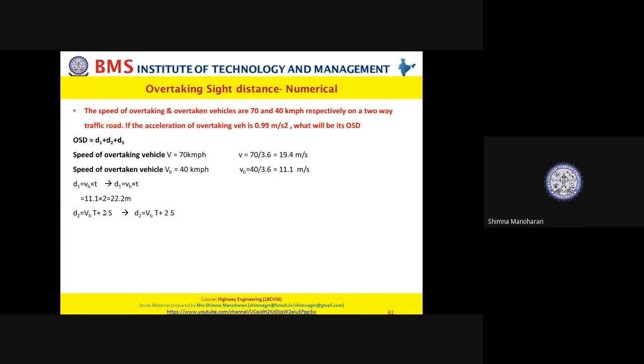It's an empirical relationship, so it's not derived from any of the principles. 0.7 VB. No, it's not 0.7 VB alone. It's partially correct.